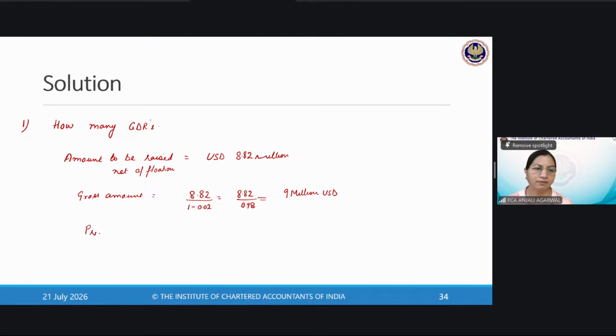Price of one share, rupees 360. Price of two shares comprising of GDR. Two shares will underlie the GDR. Therefore, rupees 360 into 2, that is 720 rupees, issued at a discount of 10%.